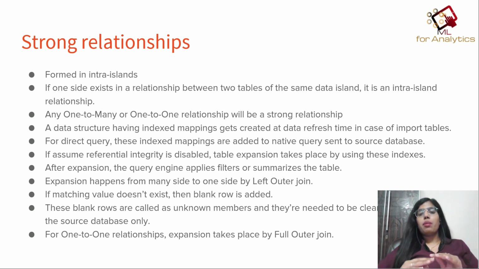fetched. Table expansion is going to happen in the intermediate state, and left outer join is going to happen between the two tables. So in this, on the left side, the table on the many side of the relationship is going to lie. On the right side, the table which is on the one side of the relationship is going to lie.